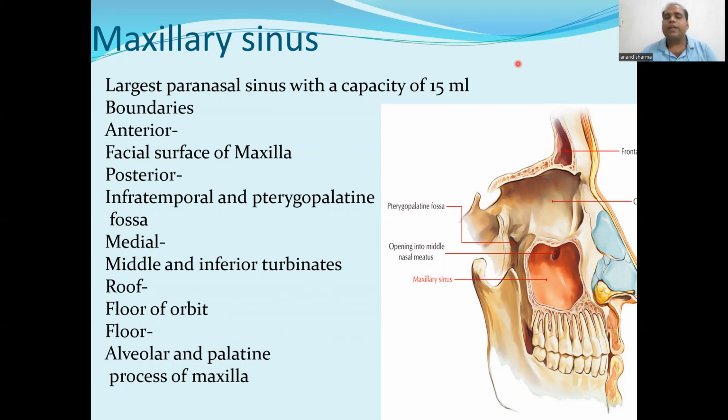Posteriorly, it is the infratemporal fossa and the pterygopalatine fossa. Medially, it is the middle and inferior turbinates, and the roof is formed by the floor of the orbit. Also remember, the floor of the maxillary sinus is formed by the alveolar and the palatine process of the maxilla.